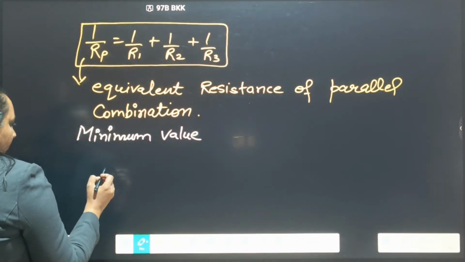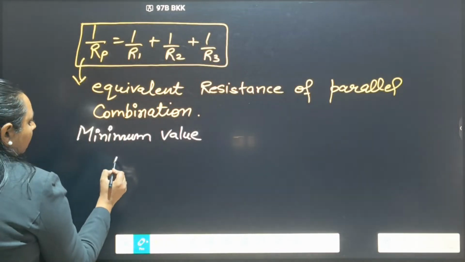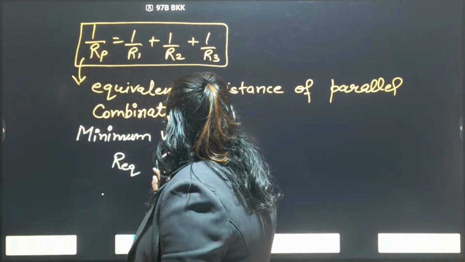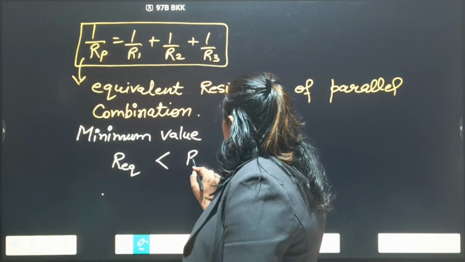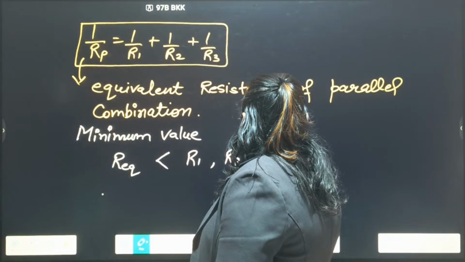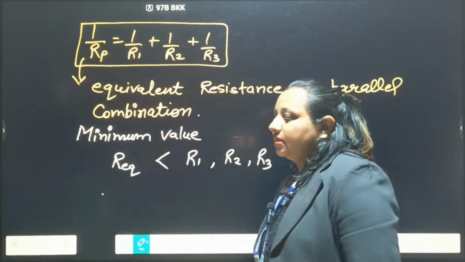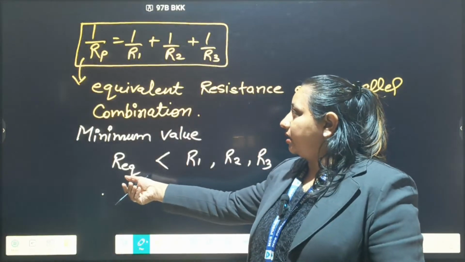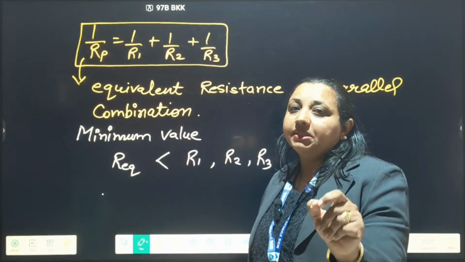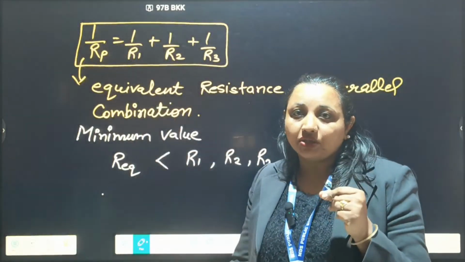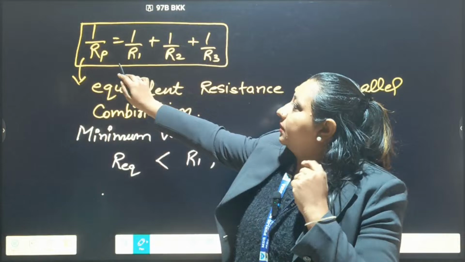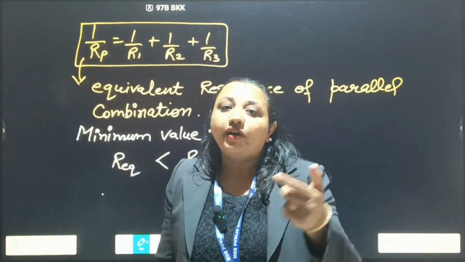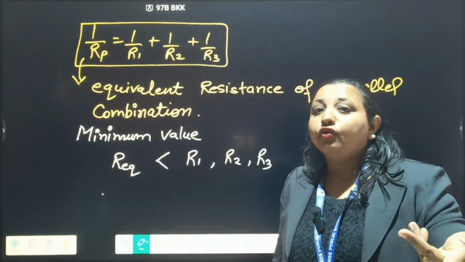And R equivalent of parallel combination has the least value than the individual resistances, यानी कि जो हमारे पास R1, R2, R3 की वैल्यूज हैं उनसे भी बहुत कम वैल्यू आएगी. But one most common mistake the students do while solving the parallel combination is that they forgot to reciprocal it. That means from here we get 1 upon Rp, but we have to find the Rp.